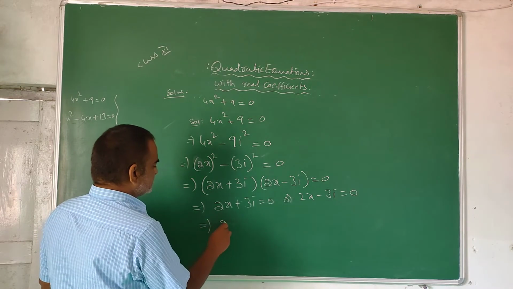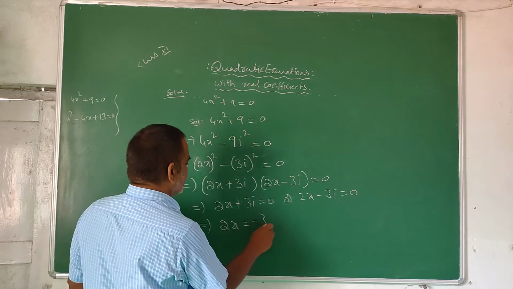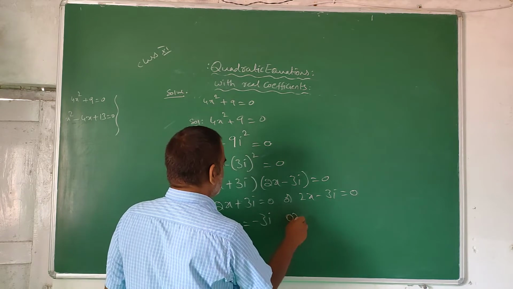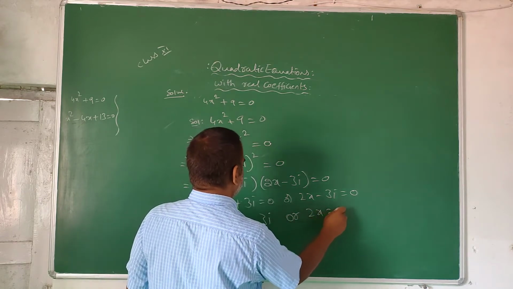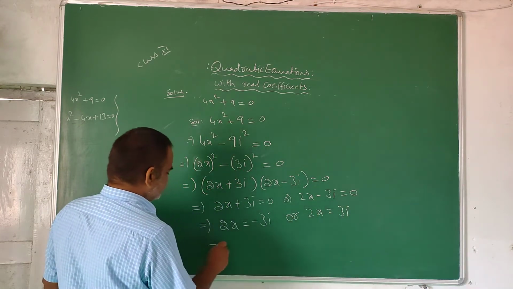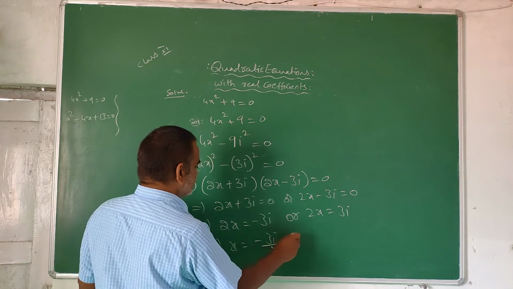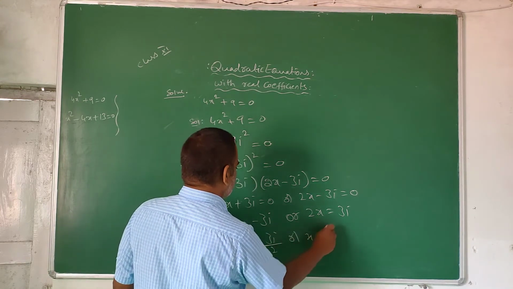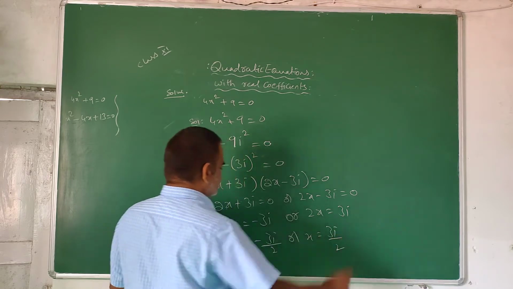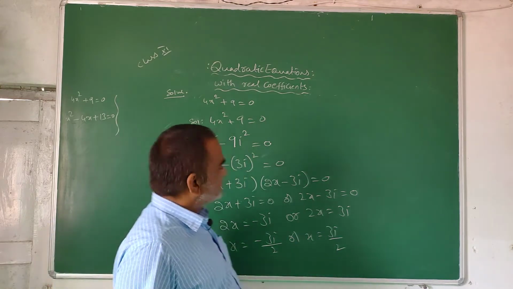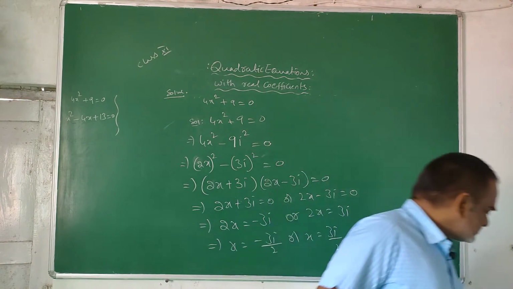Implies 2x is equal to minus 3i or 2x is equal to 3i, so x is equal to minus 3i by 2 or x is equal to 3i by 2. So these are the roots of that equation. Understood?